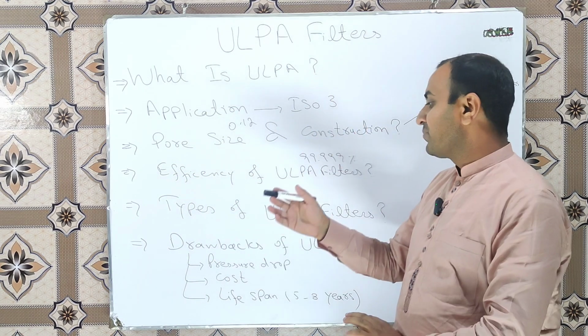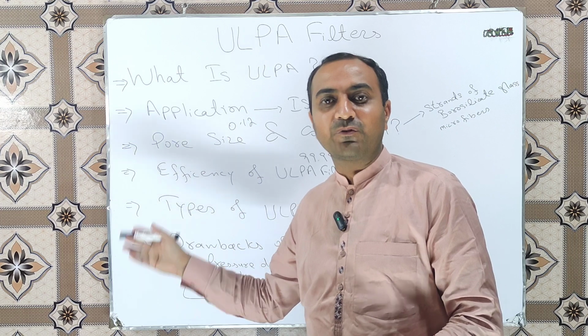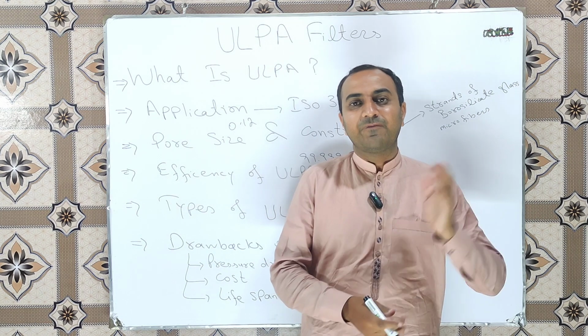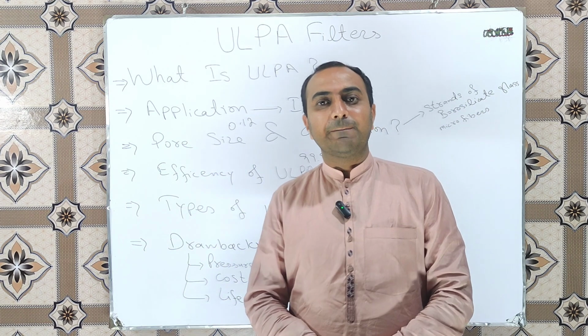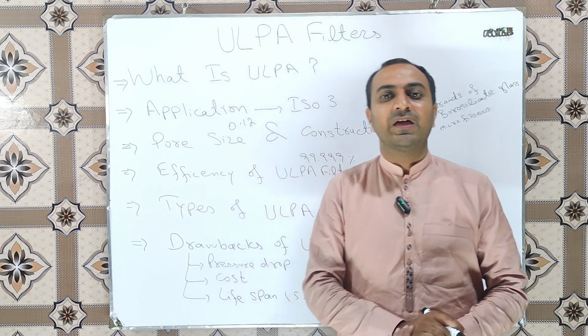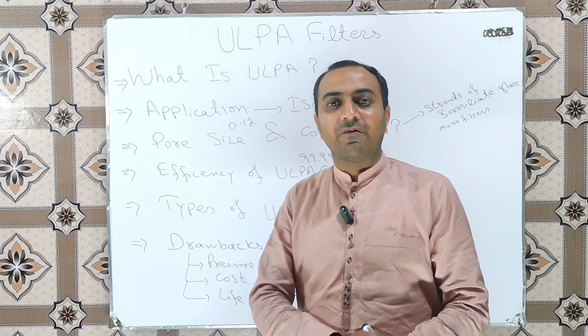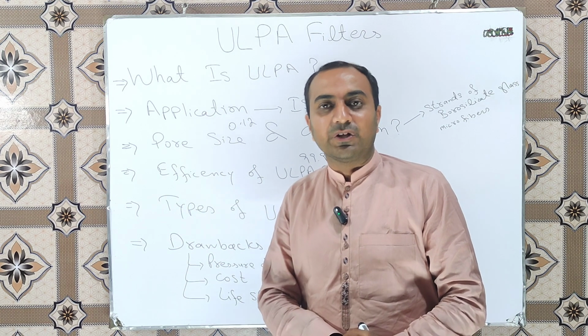Next one is the drawbacks of the ULPA filter. One of the most common drawbacks of ULPA filter is drop in pressure. It means when air passes through the ULPA filters, a drop in air pressure is observed, due to which our air changes are reduced.